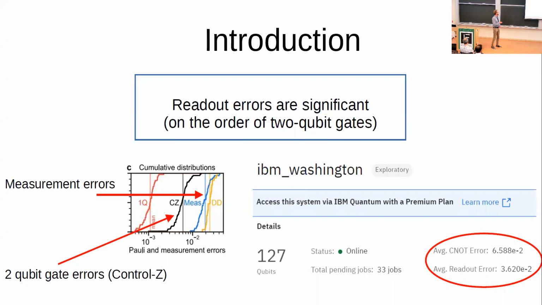So this plot comes from the Google error correction paper, and this is from IBM quantum data that are available on the internet. So this is to say that you cannot neglect those errors. You really need to deal with them.